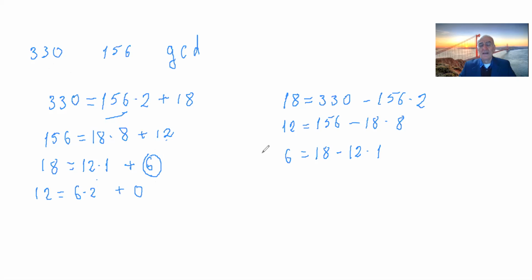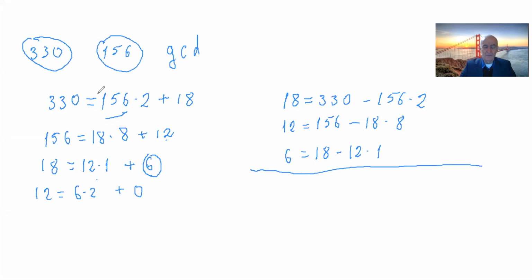Okay. Now, the next step is how to represent the greatest common divisor, and this is 6, as a linear combination of the given numbers, I mean 330 and 156.